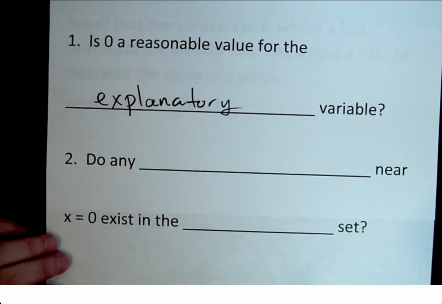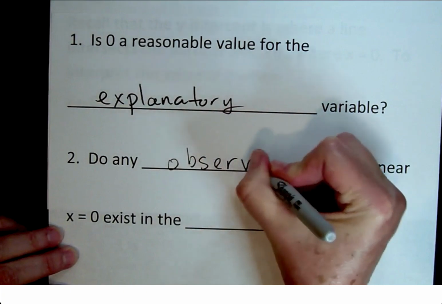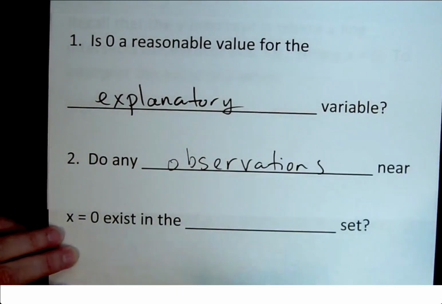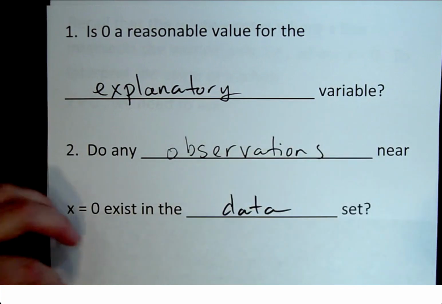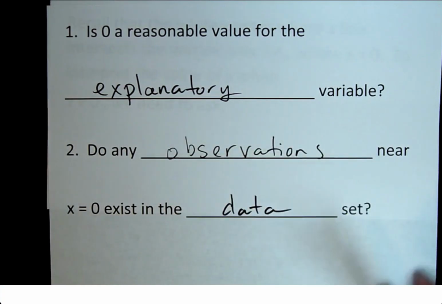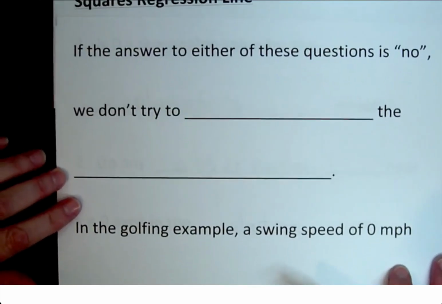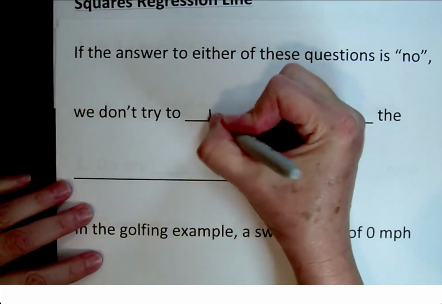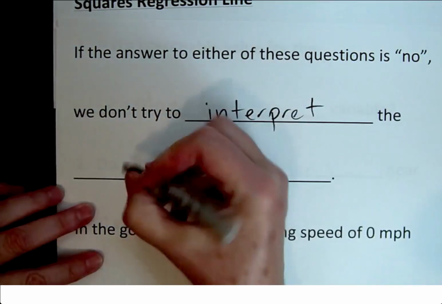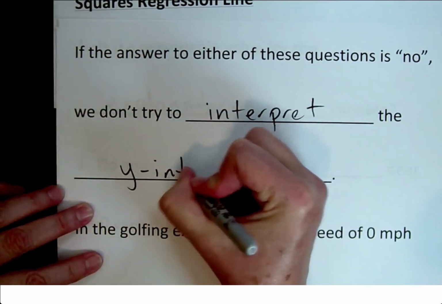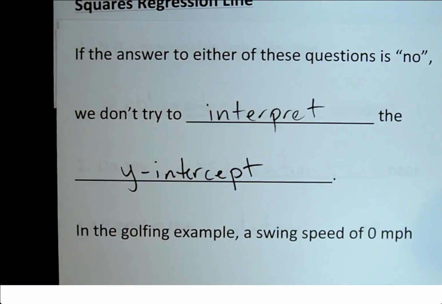The second question is, do any observations near x equals 0 exist in the data set? Again, if the answer to either of these questions is no, then we will not try to interpret the y-intercept. The slope always has a meaning, but the y-intercept doesn't always have a good meaning.